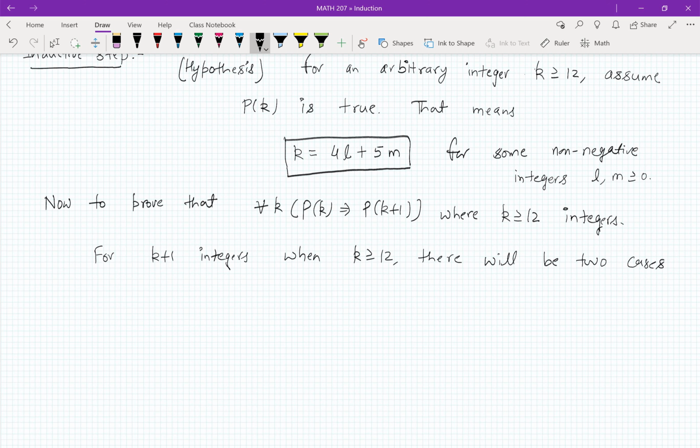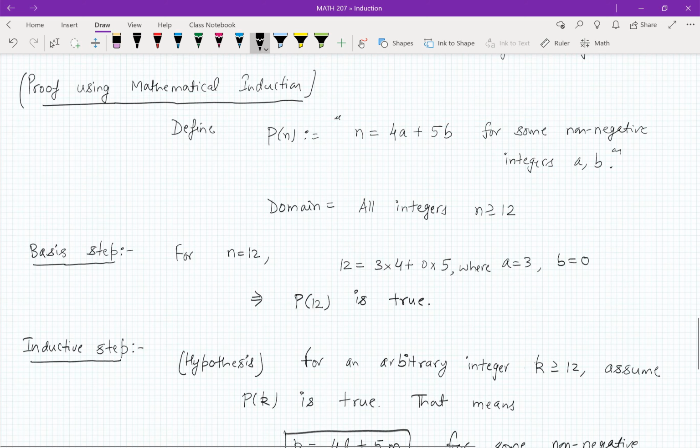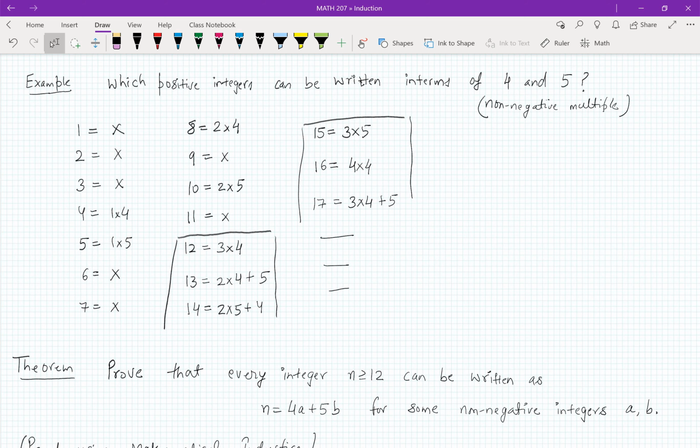So for the integer k plus 1, where k is greater than or equal to 12, two kinds of cases will happen. If you look at your example, for all integers greater than or equal to 12, you will see two kinds of cases. One case where the 4 will not appear, and another case where the 4 will appear at least once in all the remaining cases.